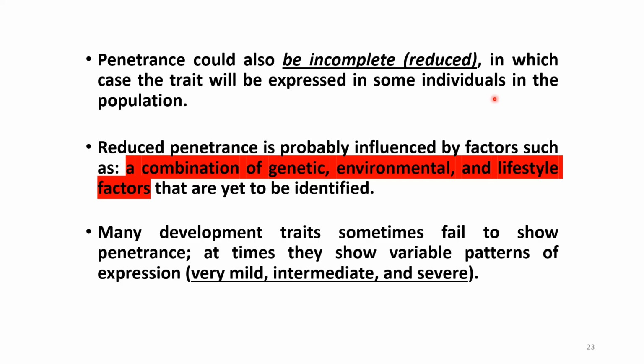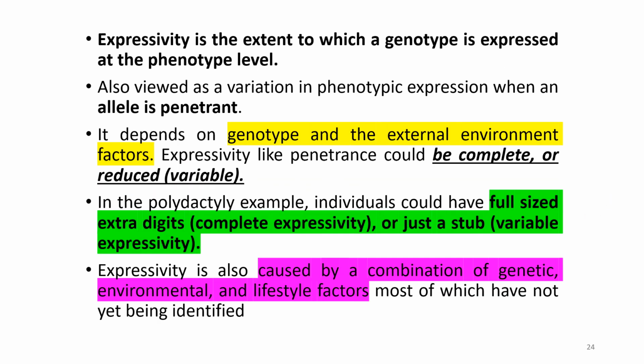This reduced penetrance is influenced by factors such as genetics, environment, and lifestyle that are yet to be fully identified. Many developmental traits sometimes fail to show penetrance. At times, they show variable patterns of penetrance, either very mild, intermediate, or severe. Of course, when they are severe, they are easily found everywhere.